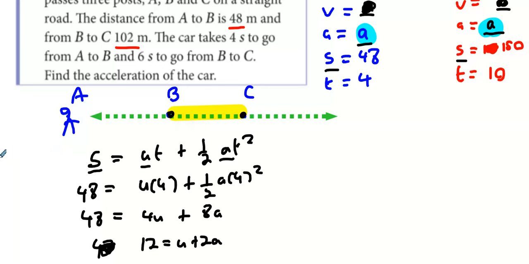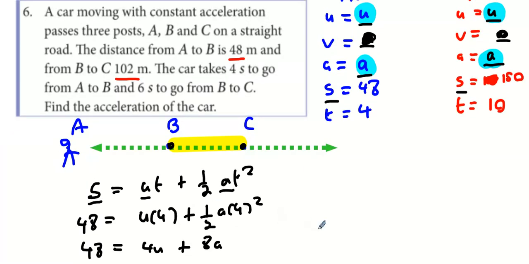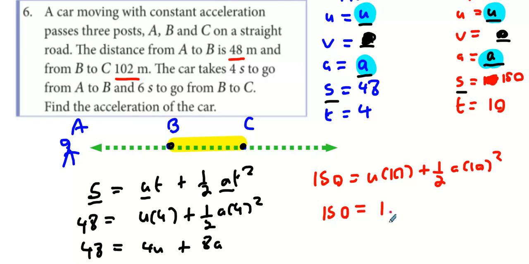Do the same thing for the red set now. And what do we have here? 150 equals U times 10 plus a half A times 10 squared. 150 equals 10U plus 50A. Divide by 10. U plus 5A equals 15.